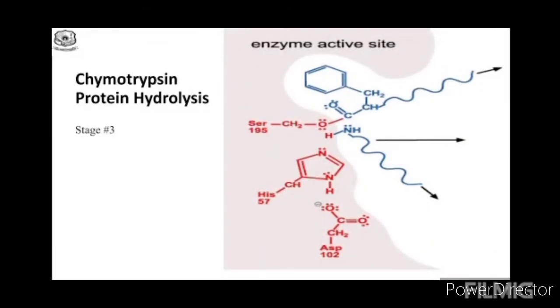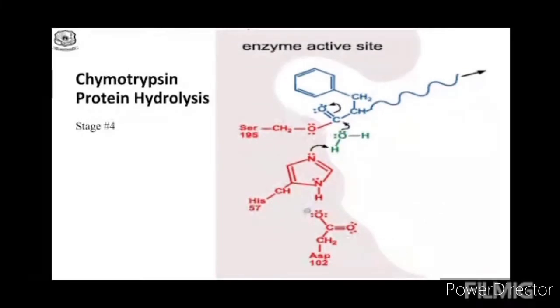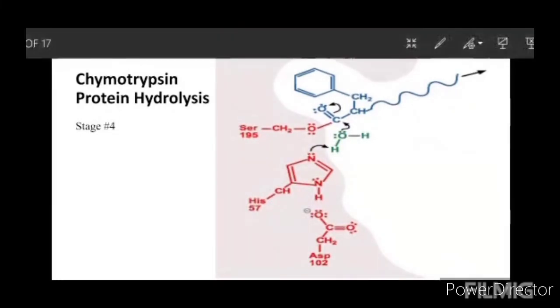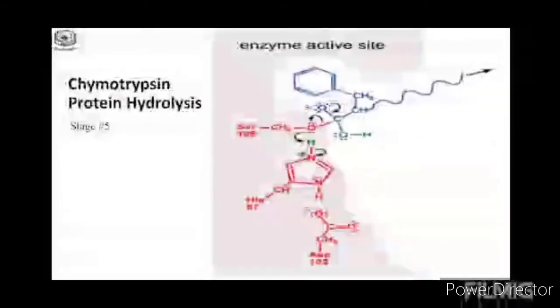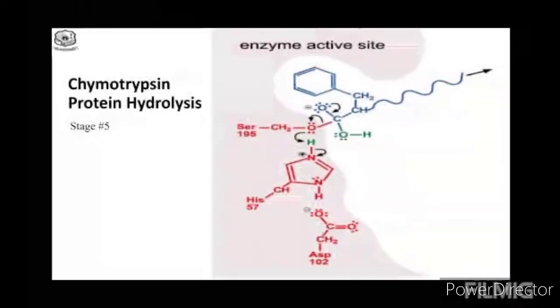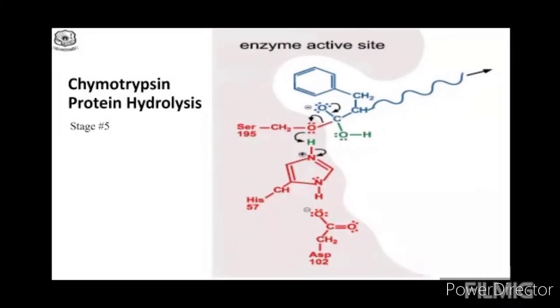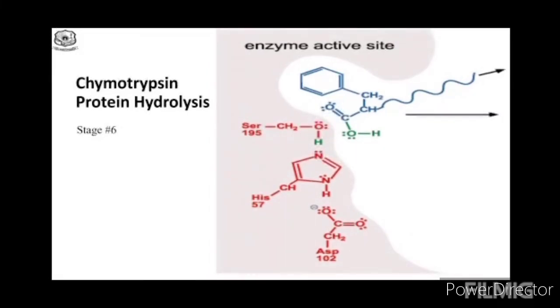And in the fourth stage, the seryl ester is attacked by a water molecule which transfers its OH group to the carbonyl carbon and the proton to the histidine molecule, and this leads to the formation of the carboxylic acid in stage 5, and the histidine is again attached with this protein, and the catalytic triad is regenerated.